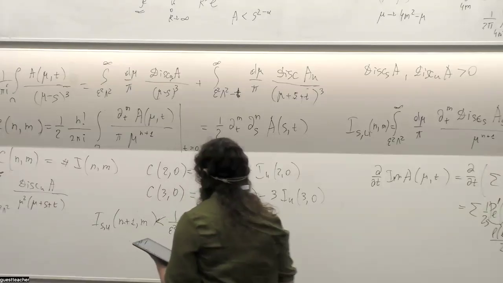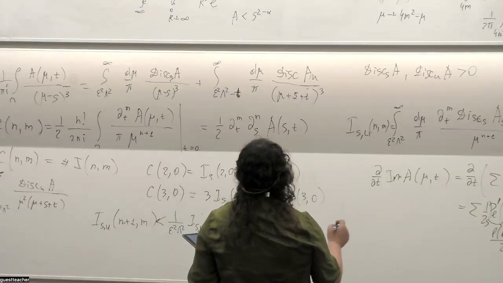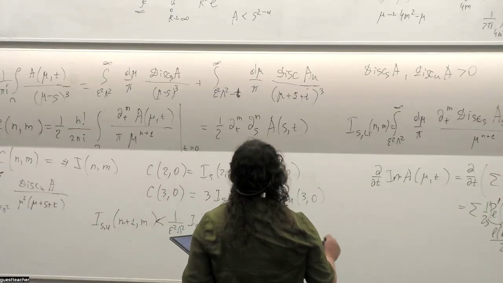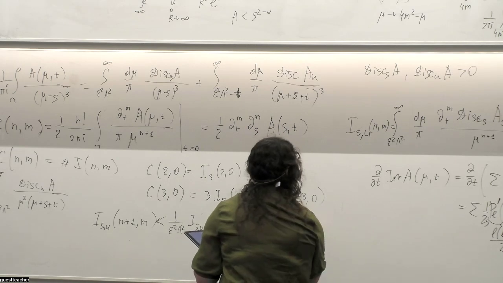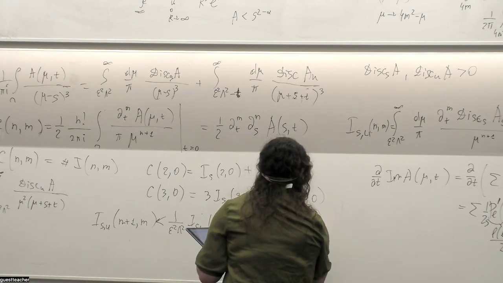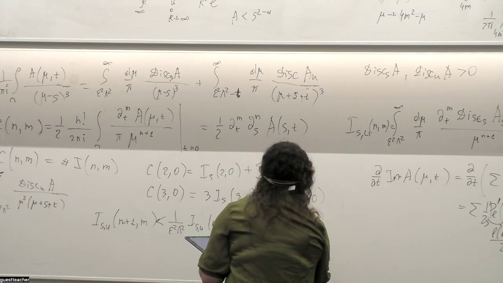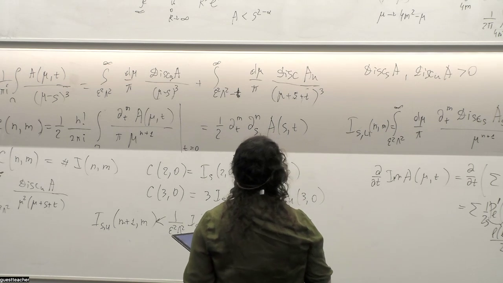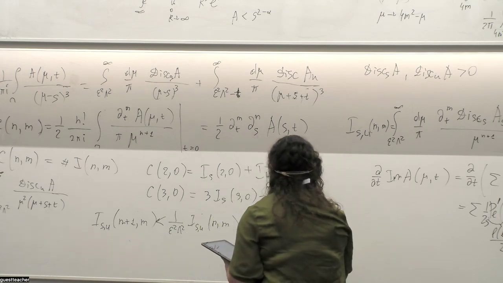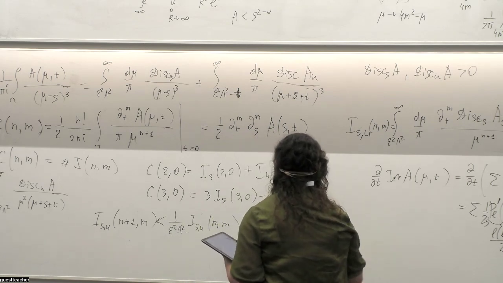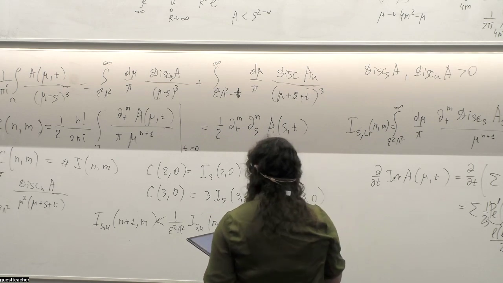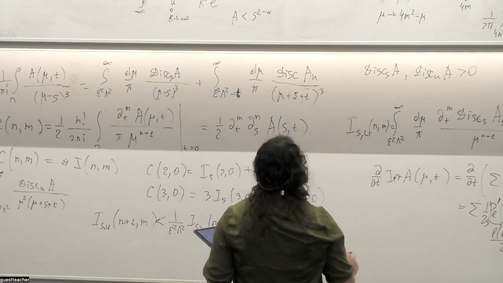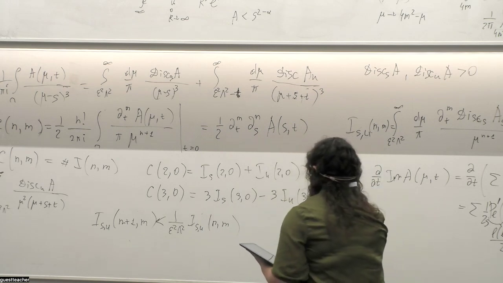How can we see it? We just need to write the definition, basically. It will be the integral of the discontinuity of A over mu to power n plus 2, d mu.